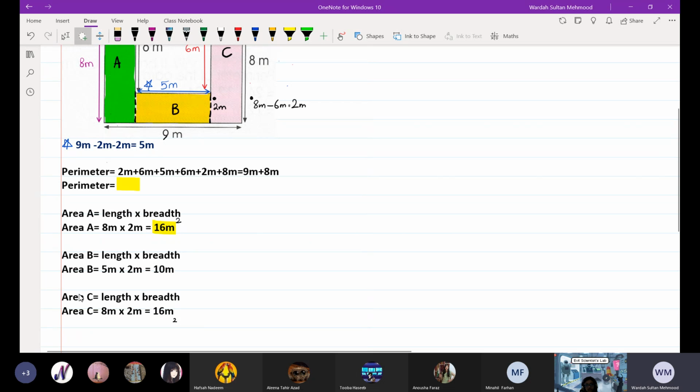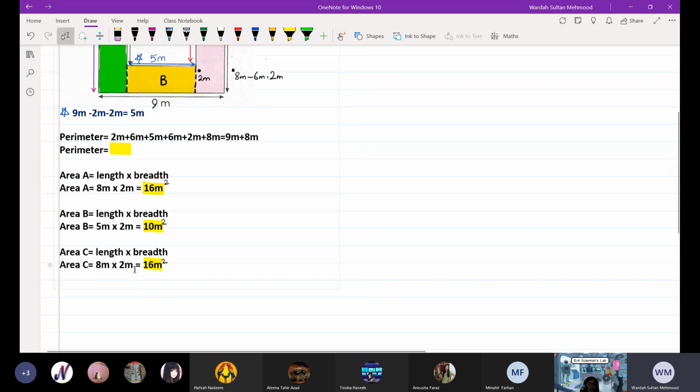Okay, now I'll add the square for this and this. Now we know that area A is 16 meter squares, area B is 10 meter squares, area C is 16 meter squares. Now we have to find the final area. So we would add them all: 16 meter squares plus 10 meter squares plus 16 meter squares.